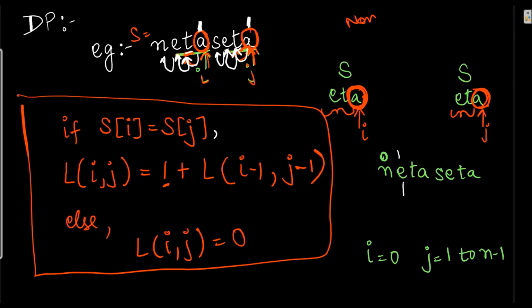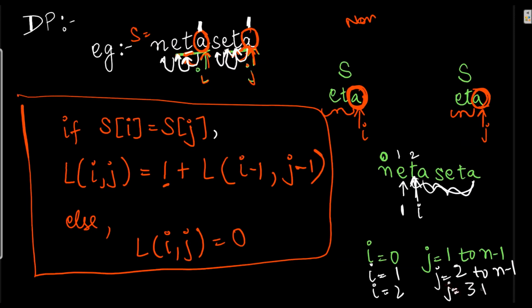And if I is equal to 1, that means J will iterate from 2 onwards, to the last. Then if I is equal to 2, J will be iterating from 3 onwards to the last of the string.